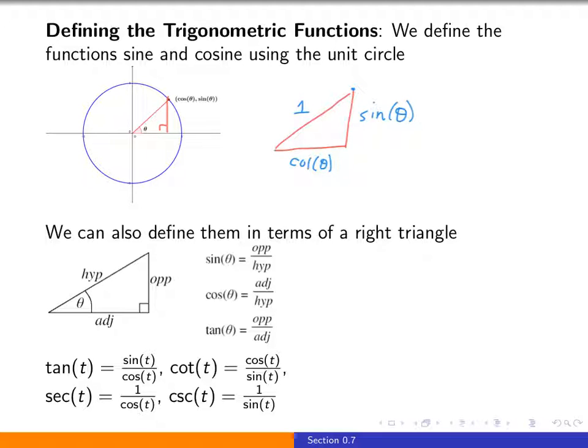And now it follows that if you think about the angle theta, cosine theta is really going to be adjacent over hypotenuse, and sine theta is really opposite over hypotenuse. Additionally, once you have defined the trig functions sine and cosine, the definition of the other 4 trig functions follow accordingly.